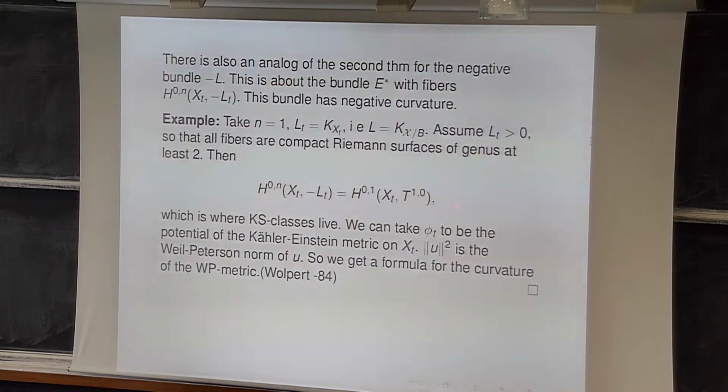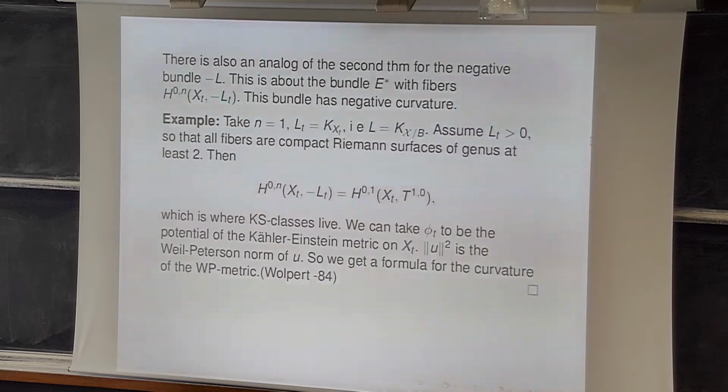Now we can take, in this case, phi t to be the potential of the Kähler-Einstein metric on X_t. You have to be a little bit more precise there, but let's forget about that. And then the L2 norm that you get of an element in here will be the Weil-Petersson norm of u.